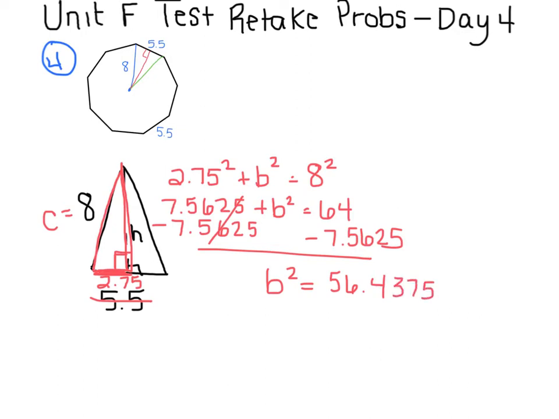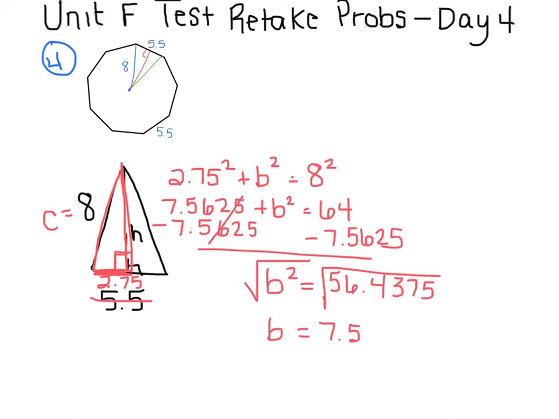And then because that's b squared, I want to take a square root of that. Hold on. Okay, and when I take the square root of that, I get approximately 7.5. Okay, it's got a little higher decimal, but since everything else is rounded, we can go ahead and round this too.